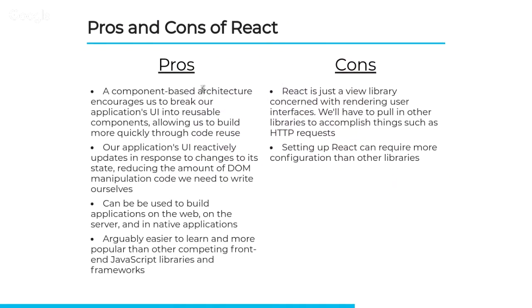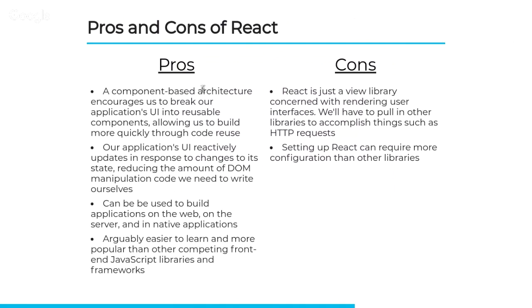Somebody like to read the pros? Component-based architecture encourages us to break our application's UI into reusable components, allowing us to build. Okay, somebody else? Applications' UI reactively updates in response to changes to its state, reducing the amount of DOM manipulation code we need to write ourselves. All right. Somebody else read?